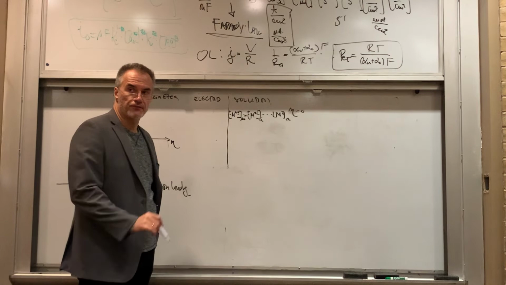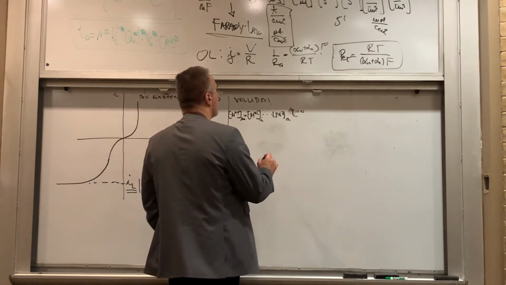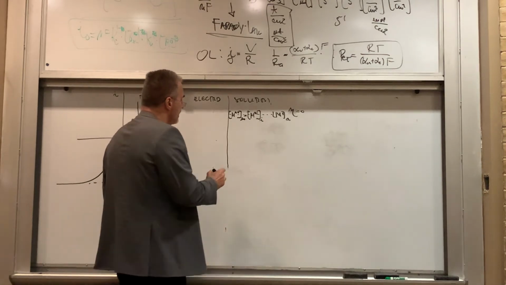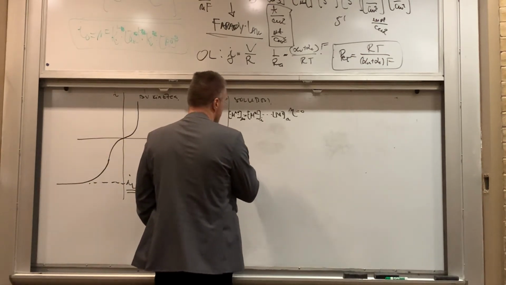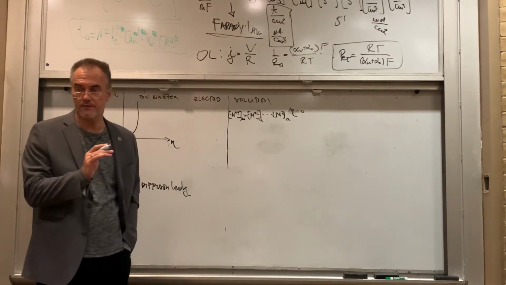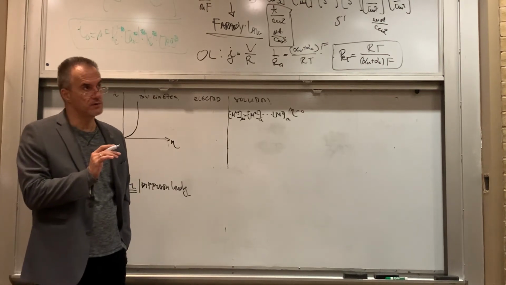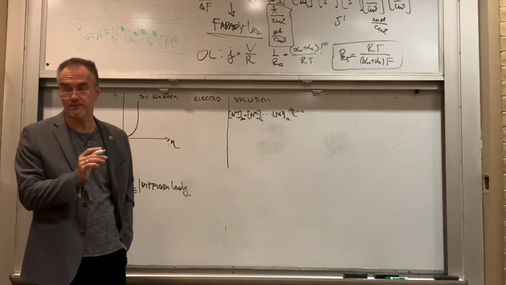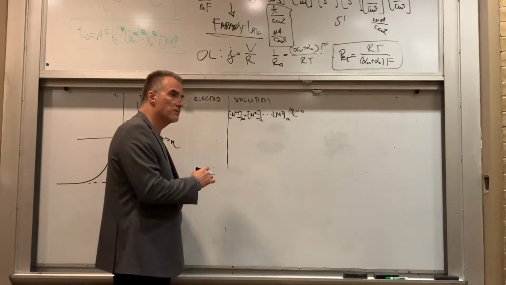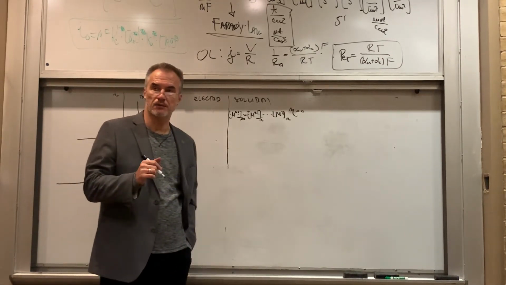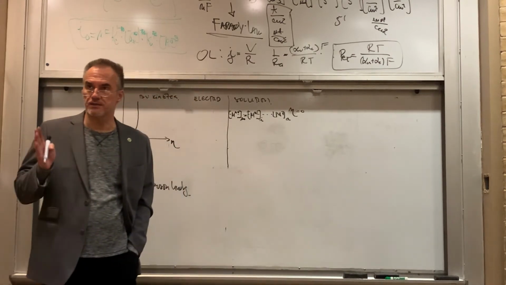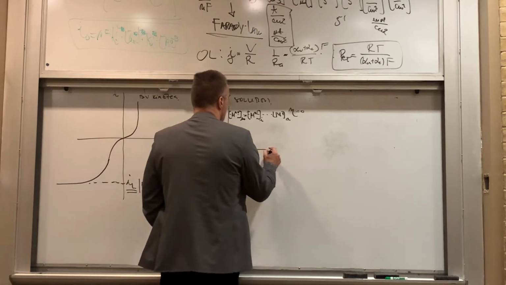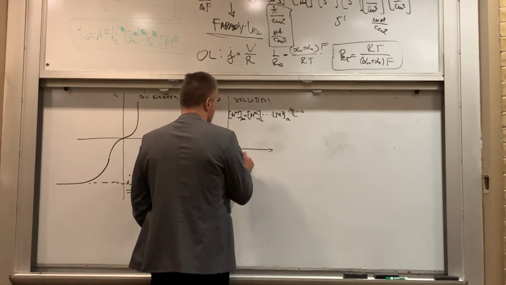Now, if I'm going to approximate reality, an electrochemical solution has different properties next to the electrode. And usually what that really means is that there's a layer next to the solid electrode surface, which we call the diffusion boundary layer.